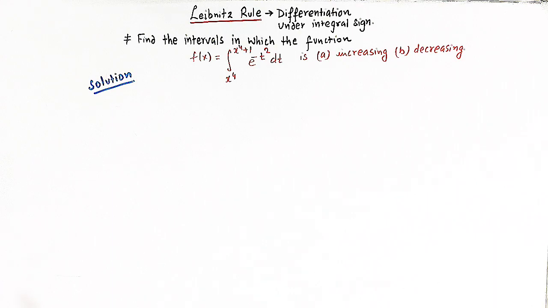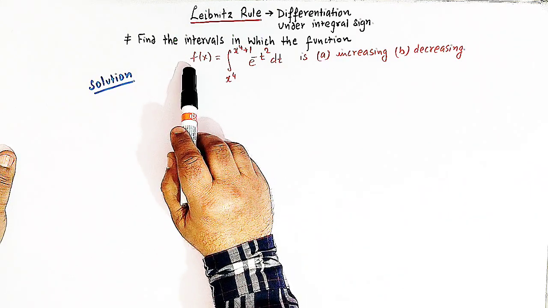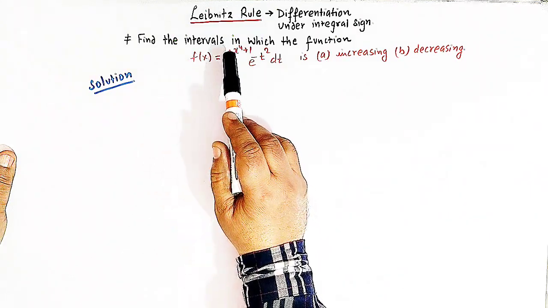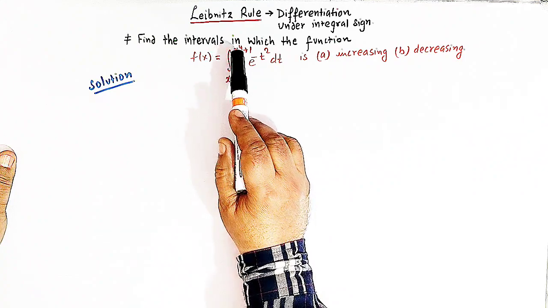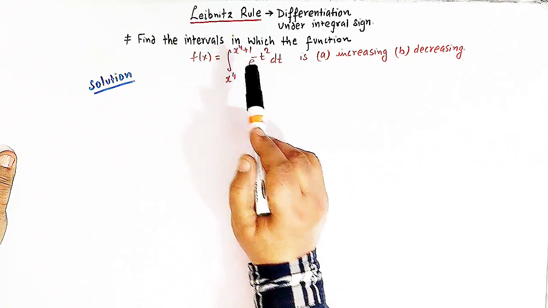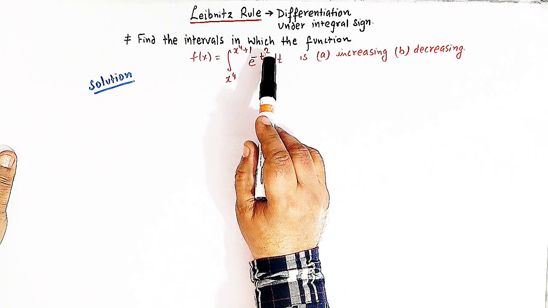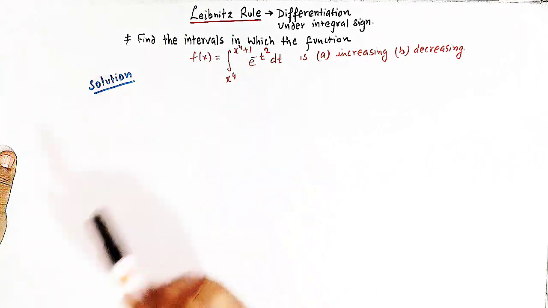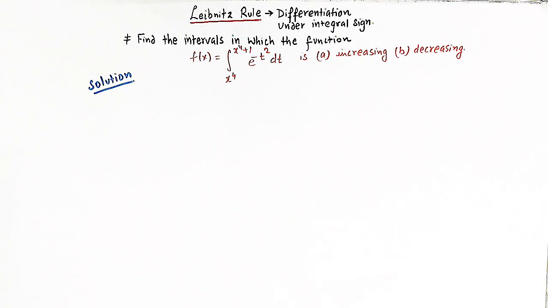So here with the help of Leibniz rule we have to find the intervals in which this function f of x, in which the limits are the functions of x and the integrand is a function of only the variable t, is increasing or decreasing, right?